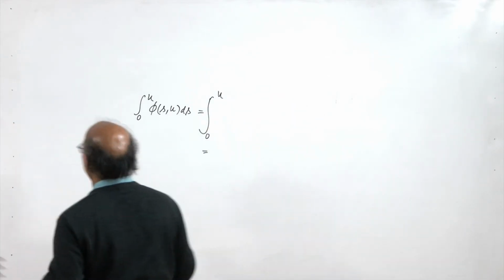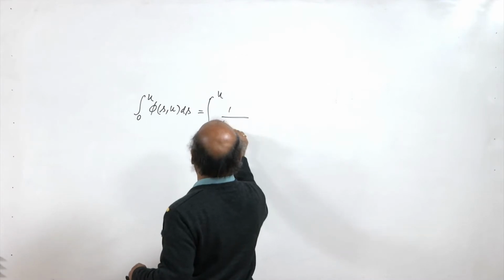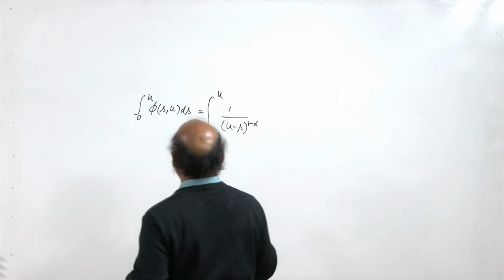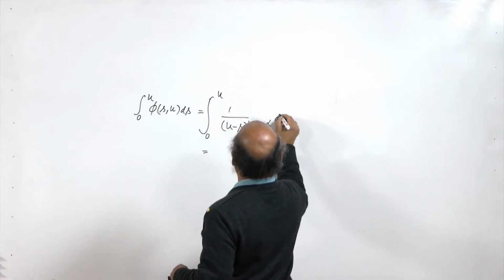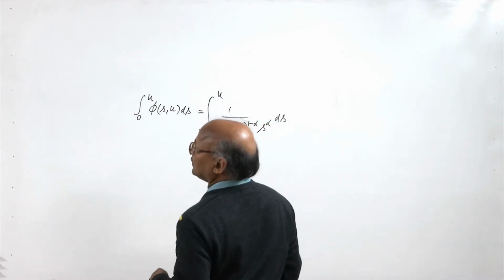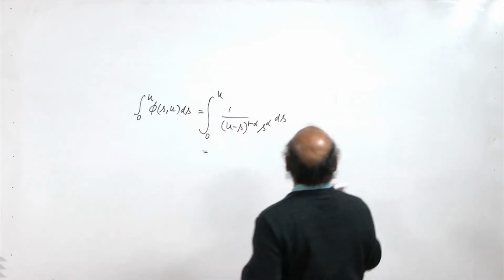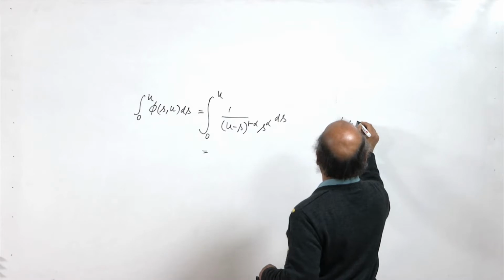So, this is 1 over (u minus s) to the power 1 minus alpha, s to the power alpha, ds. Let us put s equal to ut.